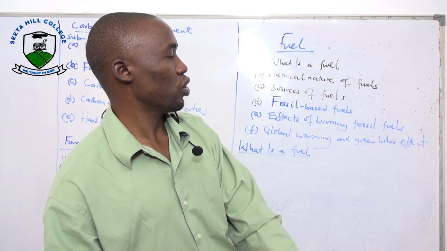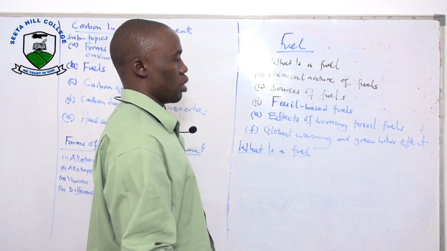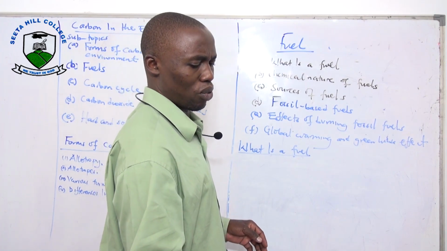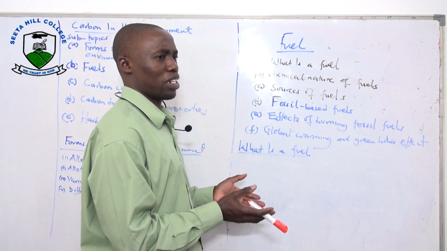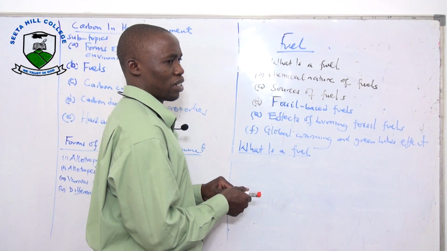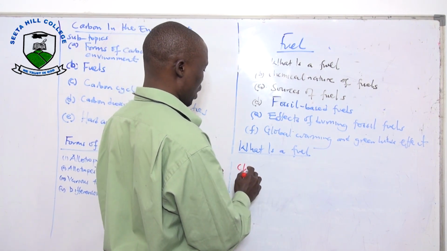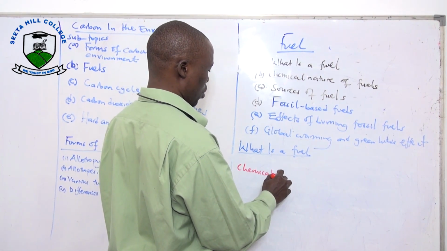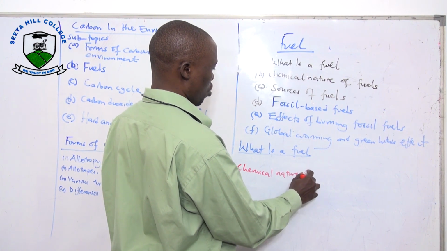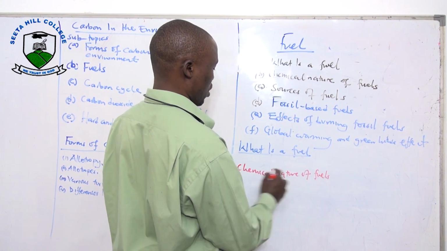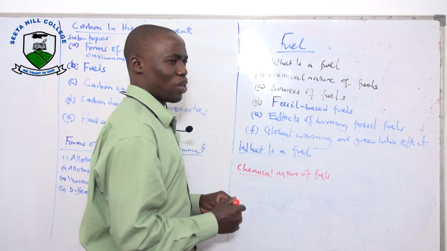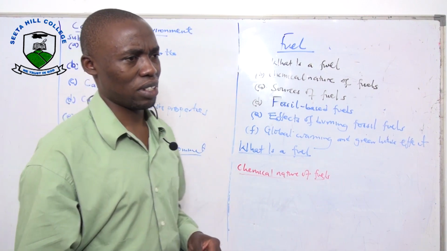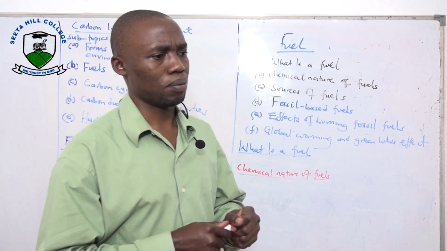Now, chemical nature of these fuels. What really is in the fuel that is burnt to produce energy? Yeah, as a chemist, you must know the chemical nature of fuels. What is found in those things?